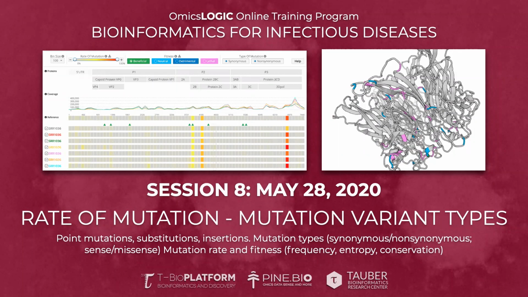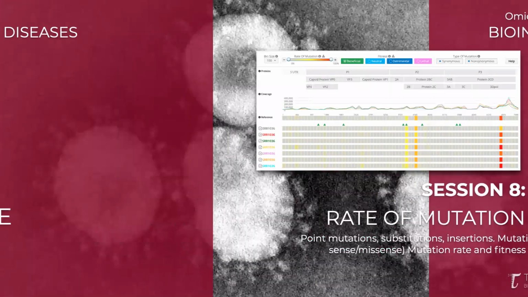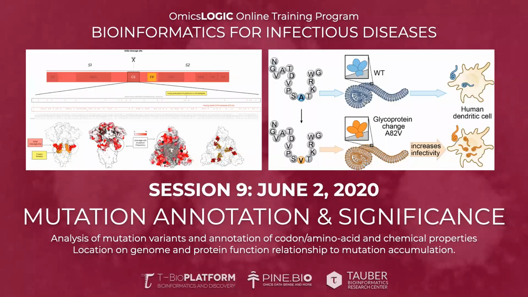That type of information has different types of significance, and that could be for vaccine design. When we think of areas that have a lot of variation, does that area on the protein, for example, have an impact for a vaccine?